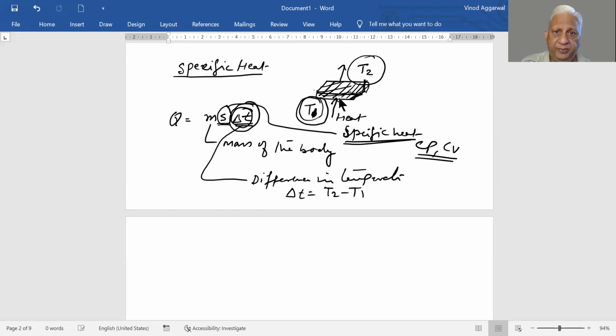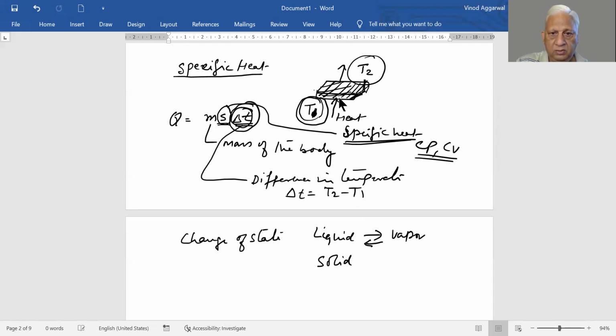State meaning, change of state could be what? It could be going from liquid to vapor or vice versa, or solid to liquid or vice versa.